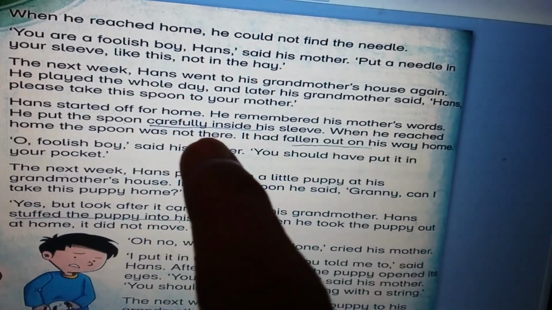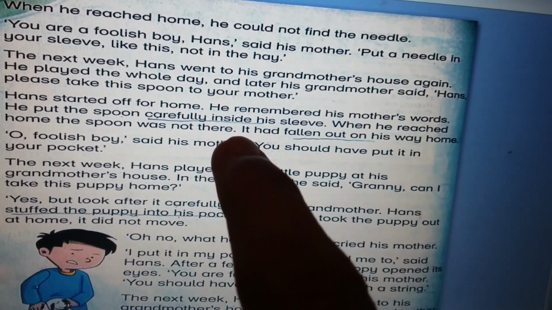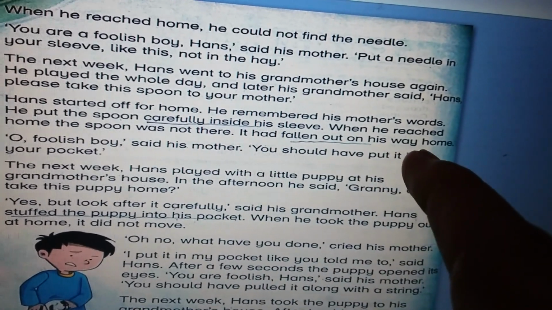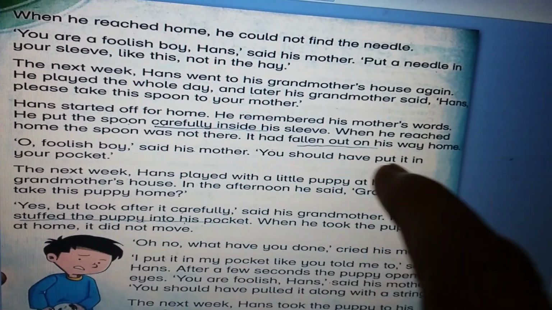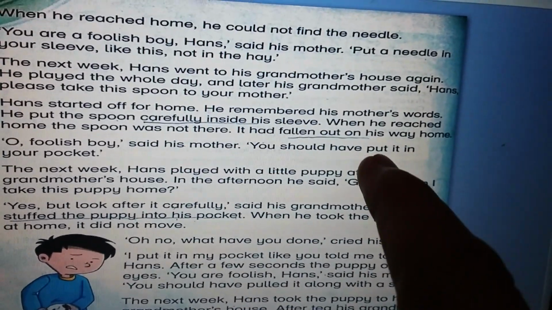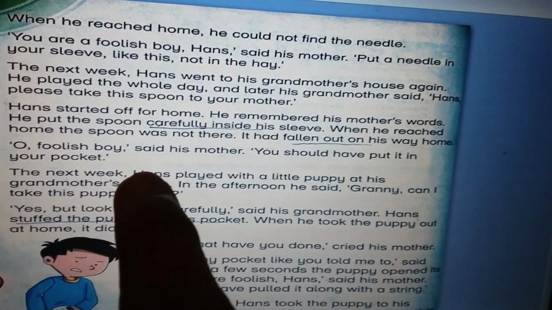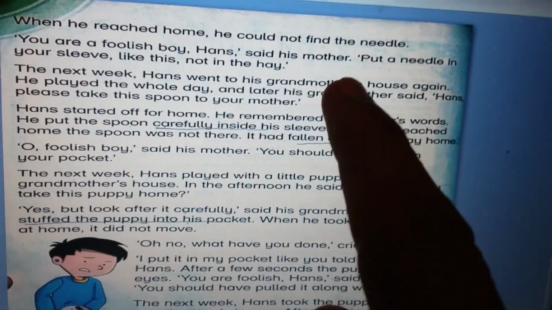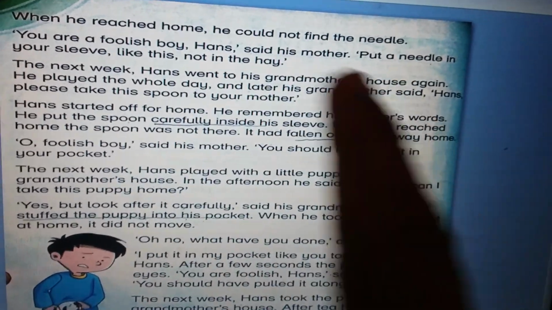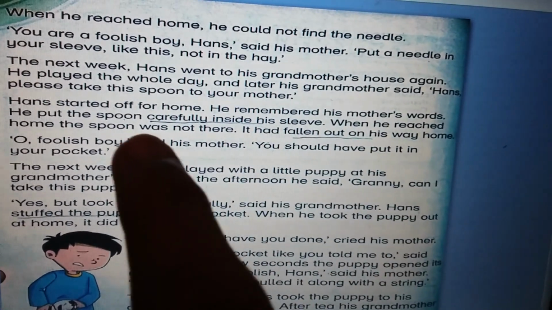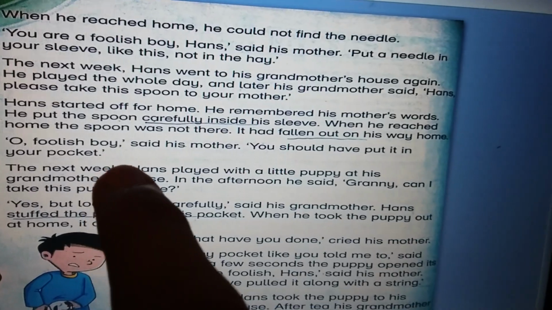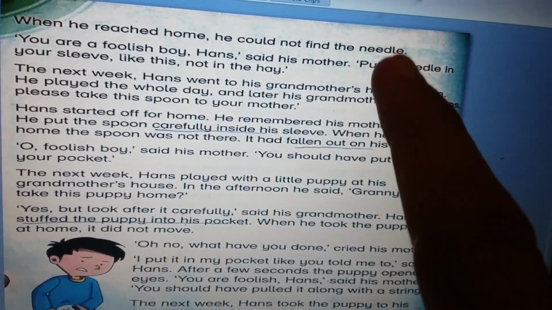When he reached home, the spoon was not there. It had fallen out on the way home. Oh, foolish boy, said his mother, you should have put it in your pocket. At first, his mother advised him to put the needle in the sleeve. Secondly, she advised him to put the spoon in your pocket. He lost his needle.